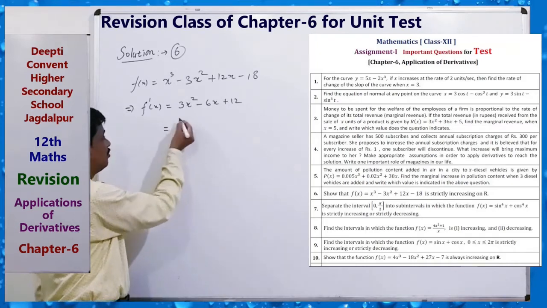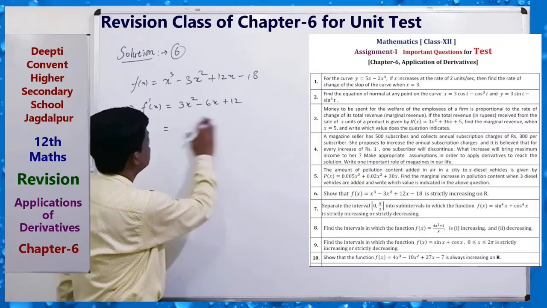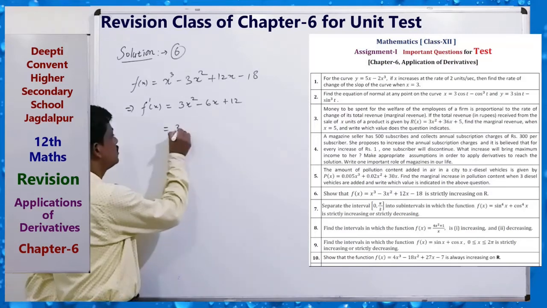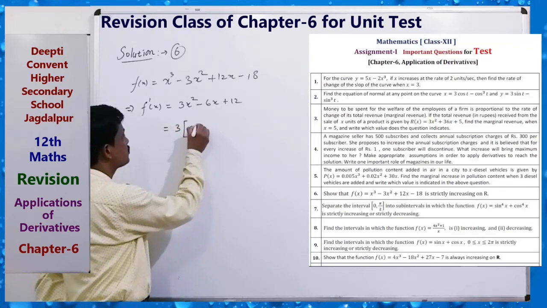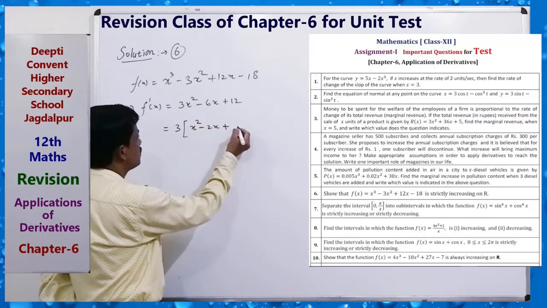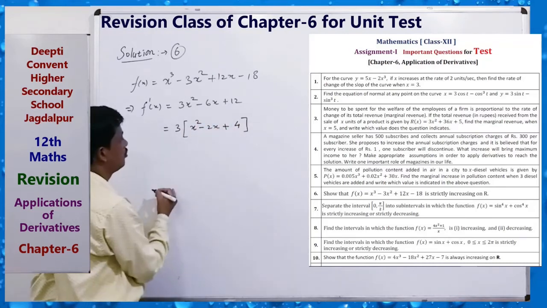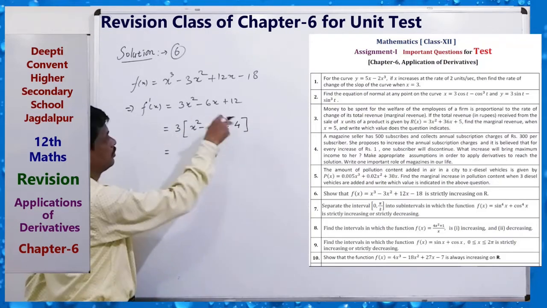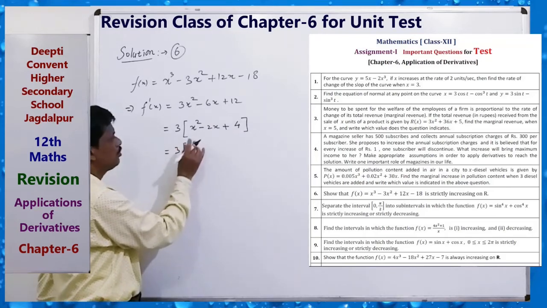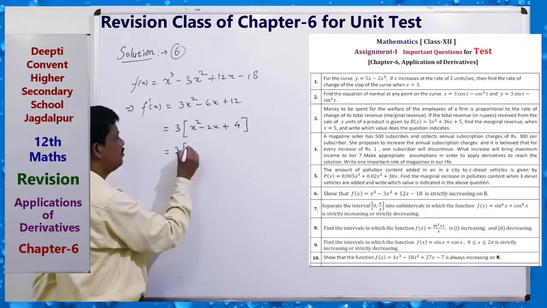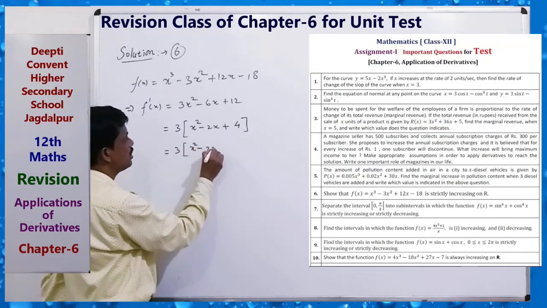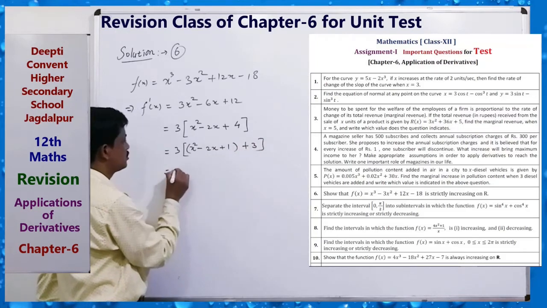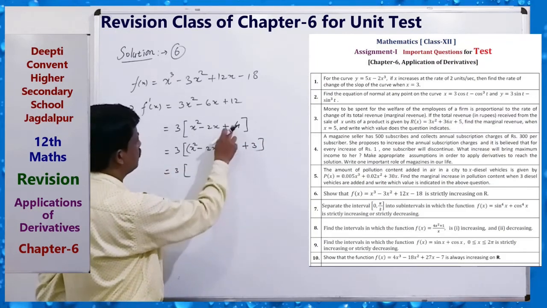Now to check whether this is greater than 0 or not, suppose we take common 3, then x square minus 2x plus 4. Now you can set it in perfect square form: x square minus 2x plus 1 and plus 3, because 4 can be written as 1 plus 3.